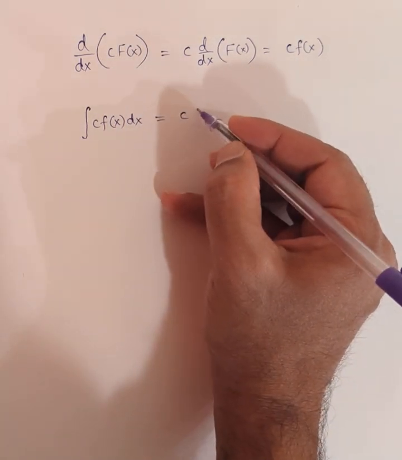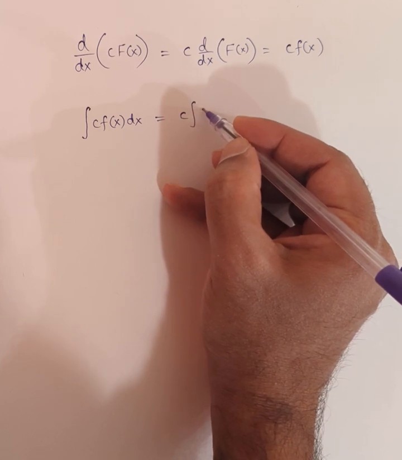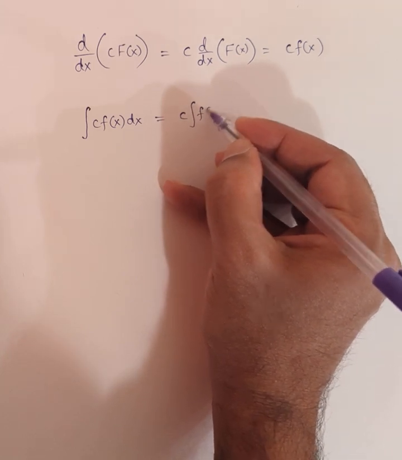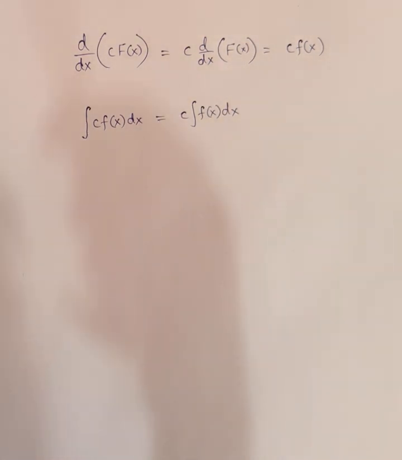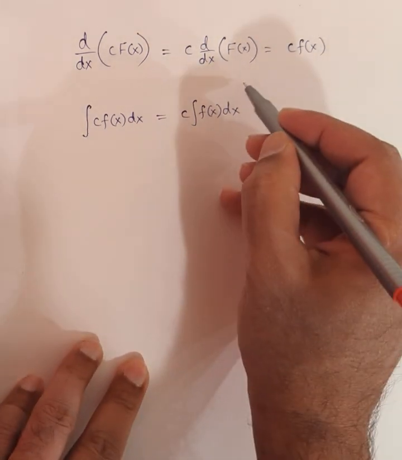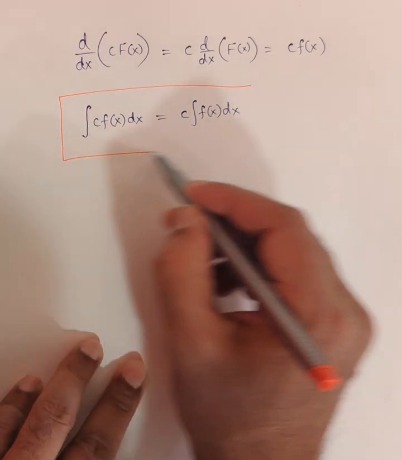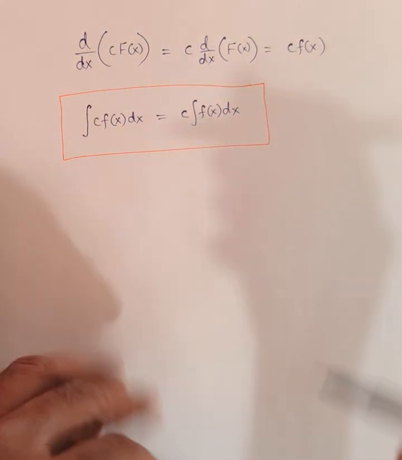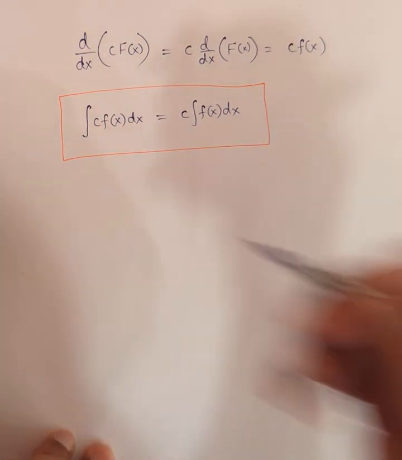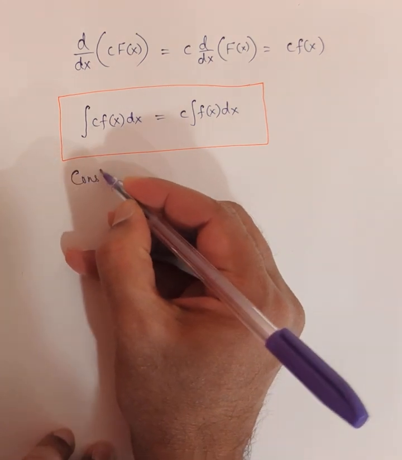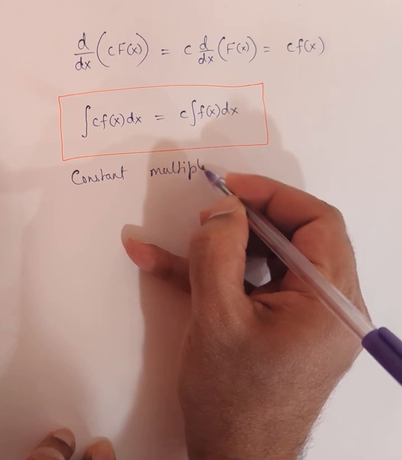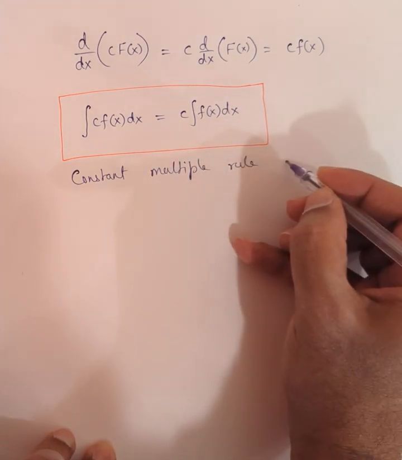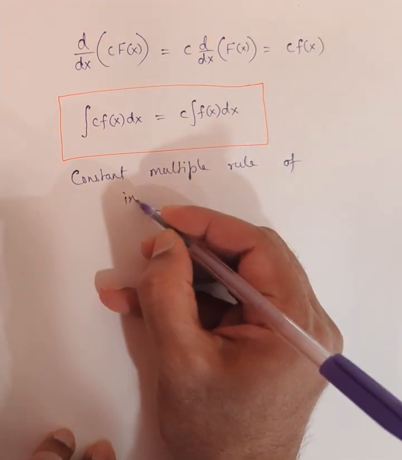So that is c times the integral of f of x. So just like the derivative, you have the constant multiple rule as well. So let's call it the constant multiple rule of integration.